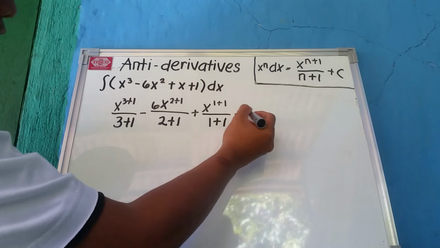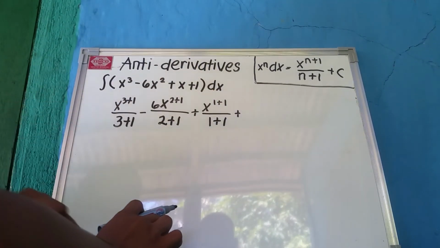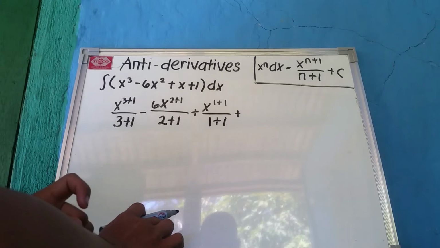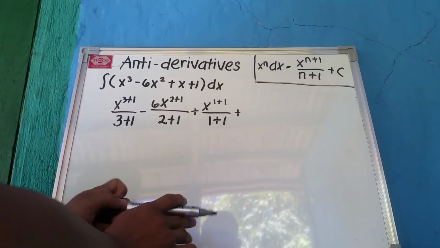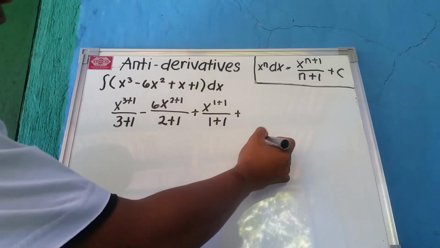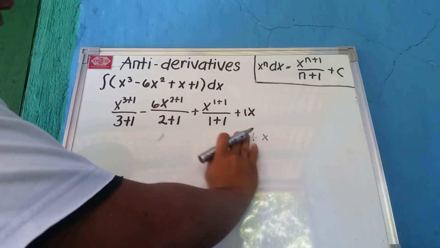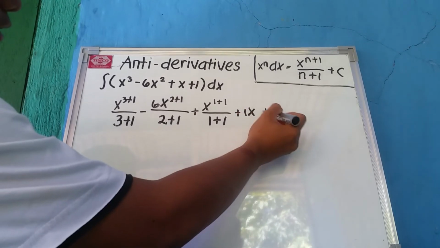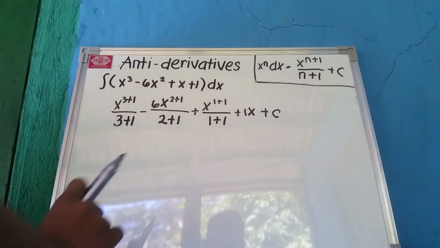Now, the tricky part is, what is the integration of 1? As the rule says, any constant should be multiplied by x. So that means 1 times x is 1x plus c. We are not in the final stage of our answer yet.